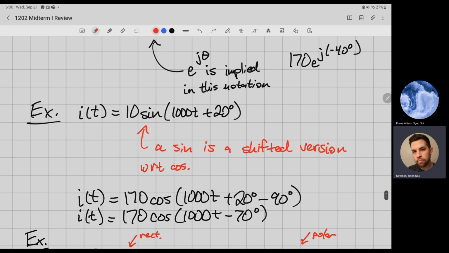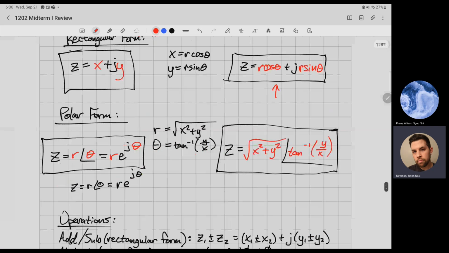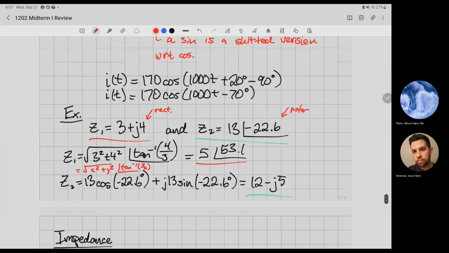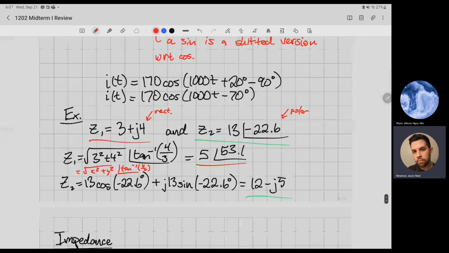You're going to do this one right here. So you would say 13 cosine negative 22.6 degrees plus j, and make sure you include the j, 13 sine negative 22.6. And this is the answer.